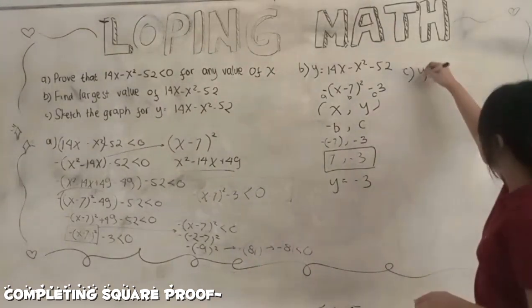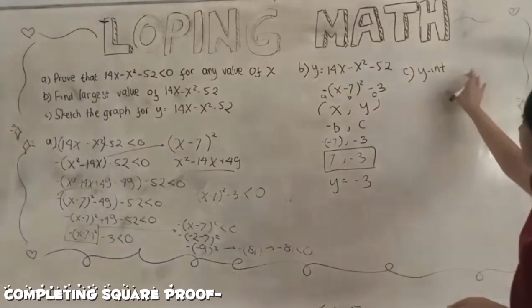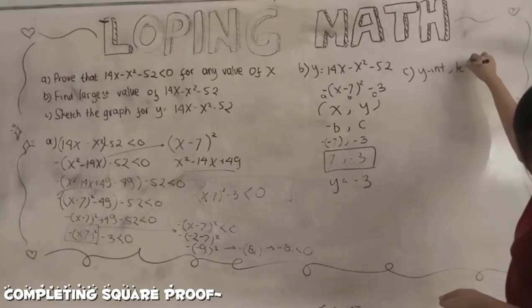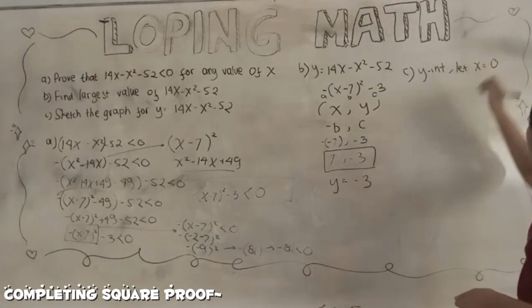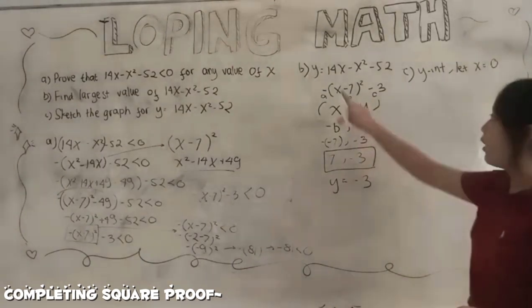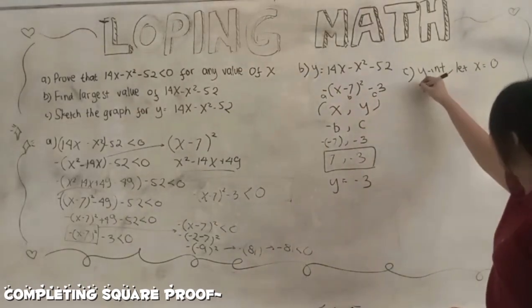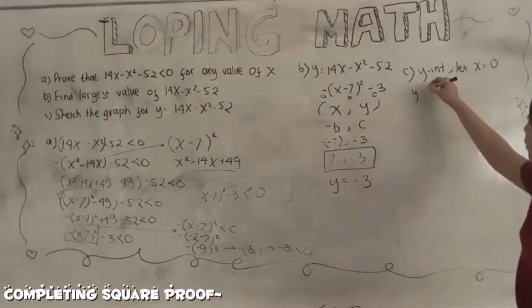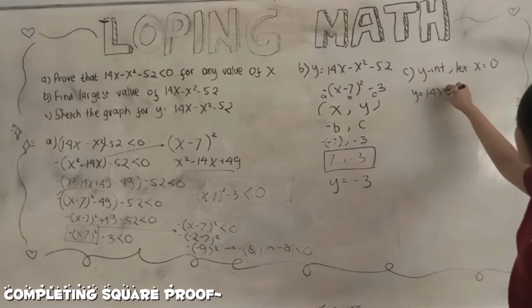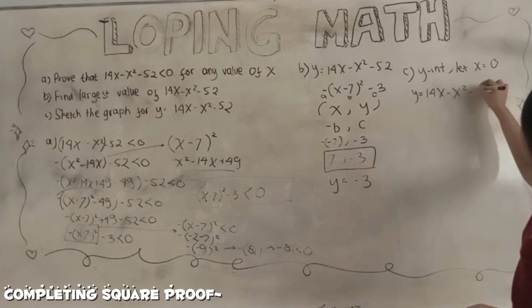So for the y-intercept, we can get this by letting x become 0. Okay, so we get the y value at the end. So we rewrite the equation. y equals 14x minus x squared minus 52.